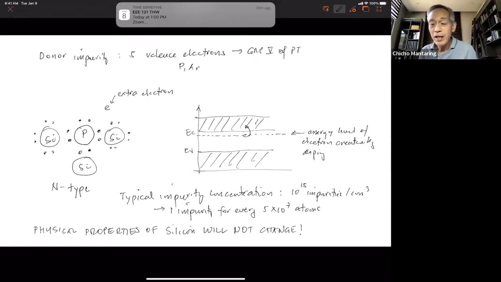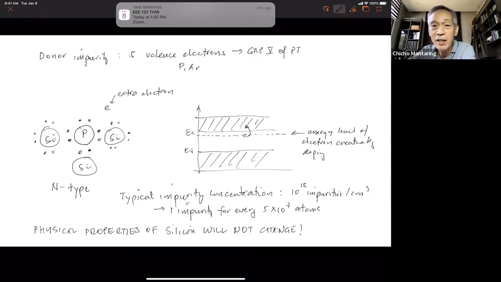Okay, if you take a look at an intrinsic semiconductor and an extrinsic semiconductor, a doped semiconductor, they will look the same, they will feel the same, they will taste the same, they will smell the same. That is because the extrinsic semiconductor will only have 1 impurity for every 50 million atoms.